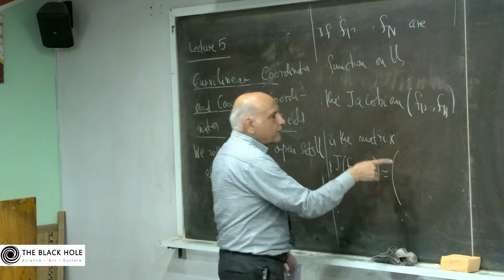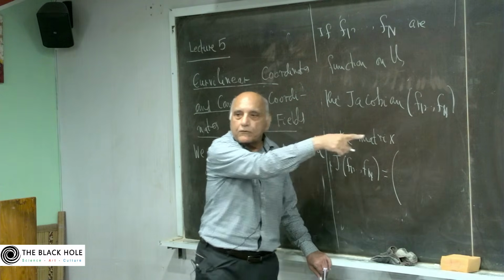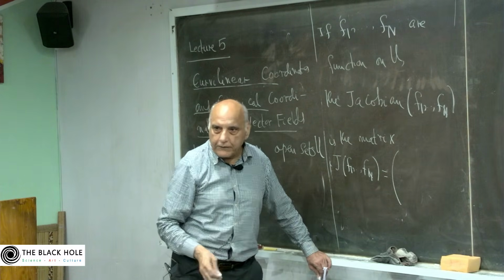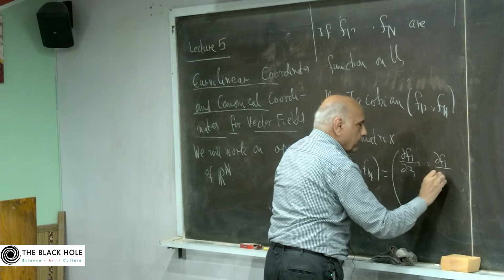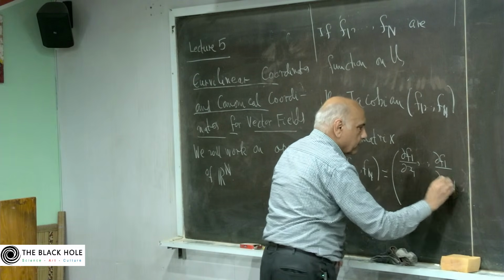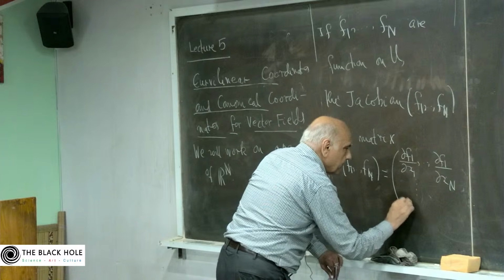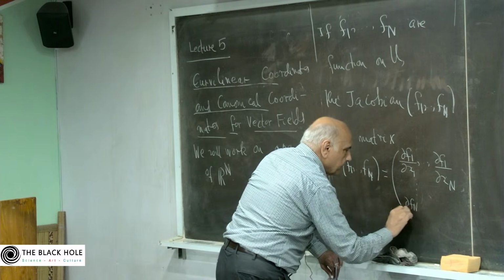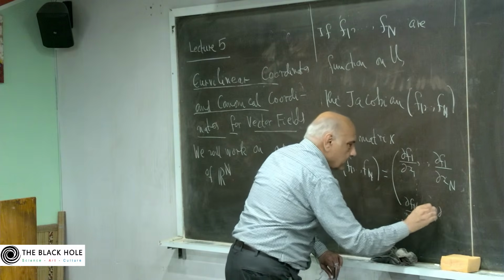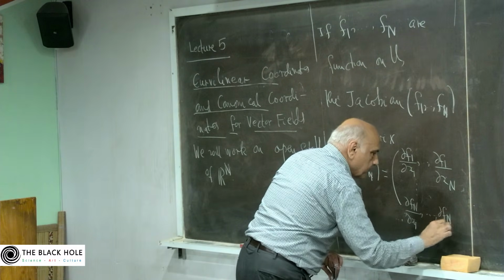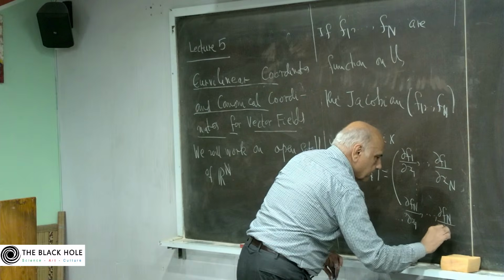In the first row you will have the partial derivatives of the first function, partial f1 by partial x1 up to partial f1 by partial xn, and the last row would be partial fn by partial x1 up to partial fn by partial xn.